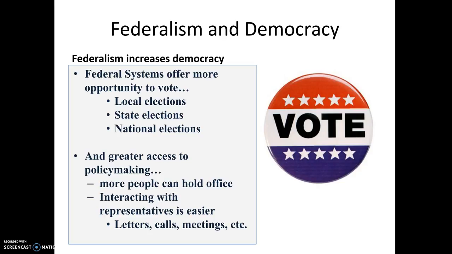Citizens in the United States have the opportunity to vote not only for national leaders like the president, but also for state leaders like governors and state legislators, and even local leaders like city council or mayor or other positions in local government. So this means we are practicing more democracy in a system that uses federalism.